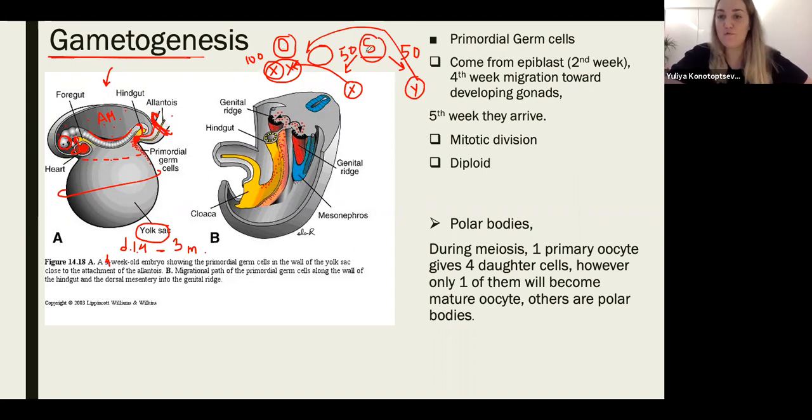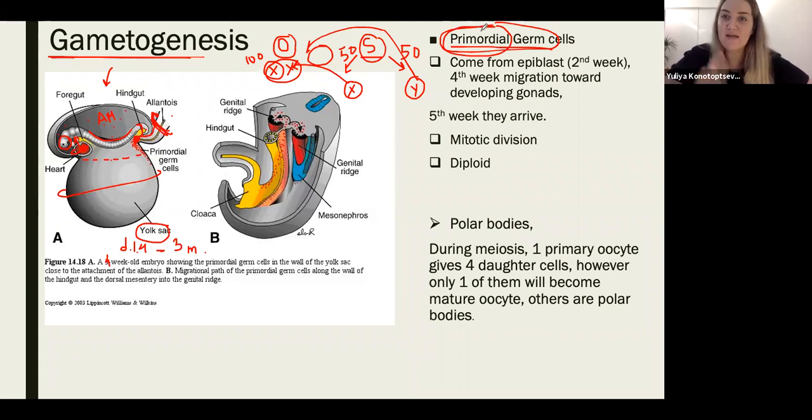Surprisingly, both of these sex cells arise from cells which are called PGCs, primordial germ cells. These cells are very important. They give rise to both gametes. They give rise to the oocyte and to the spermatozoa. The word primordial means before birth.